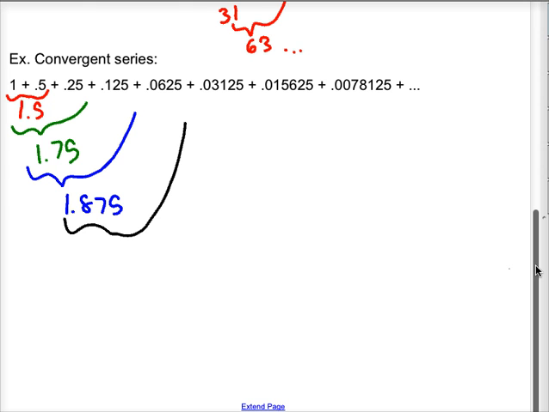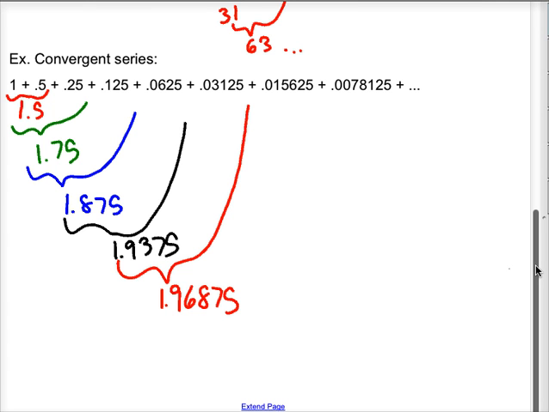Now I add in the 0.0625, and I get 1.9375. If I add in the 0.03125, I get 1.96875.